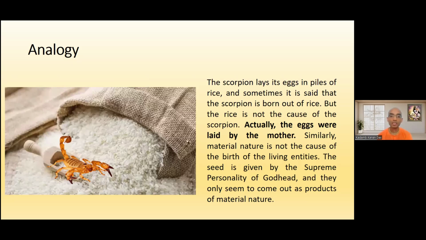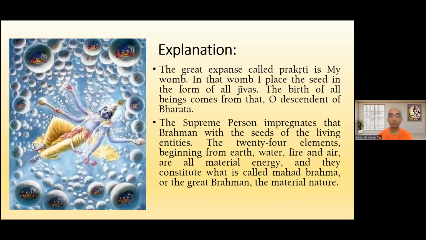So if you now see the technical concepts mentioned here, it is said the great expanse called Prakriti is my womb. Whatever the Mahatattva, Prakriti, is considered, he says, is my womb. And in that womb, I place a seed in the form of all jivas.